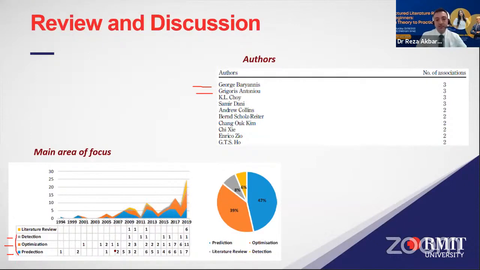You can see the amount of publications, how it goes, and what is missing. So you can identify, for example, not much is done in detection. That's the gap. That's the future research direction. So again, these are the things that show you exactly how things are.